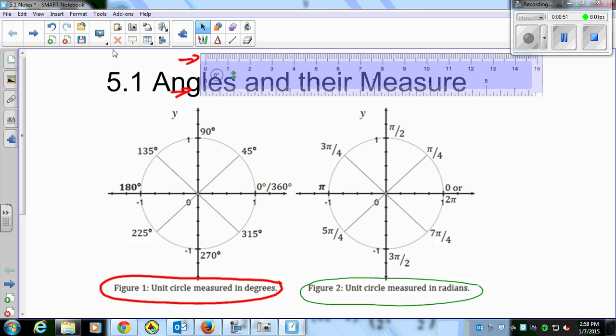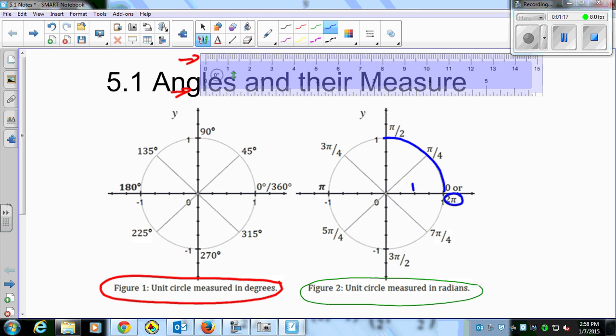Radians are a unit of measure, and we'll do some activities in class to solidify this, but understand that it's related to the circumference and the arc length it measures. So the circumference of a circle is going to be 2 pi when the radius is 1. Now how we're going to define an angle is based upon how much distance it covers around the circle.